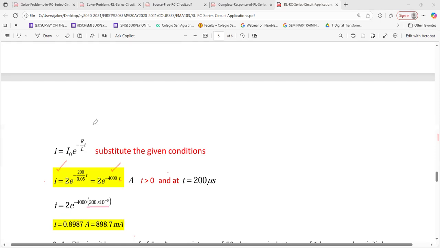So that's how you make use of the formula derived on top to determine, given the time and the constant values of resistance, inductance, and the initial current, the current that is flowing through your circuit. Sorry, not the time, but rather the current. So the current is 898.7 milliamperes. Okay? We just made use of the formula that was discussed in number 1.